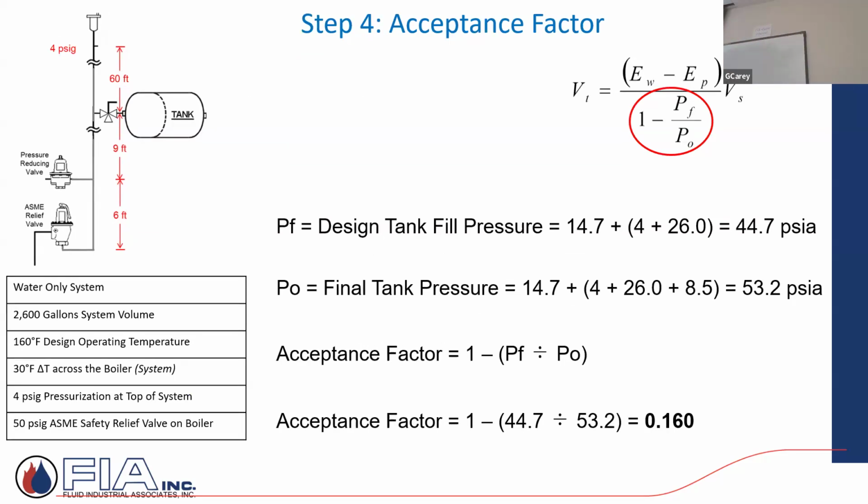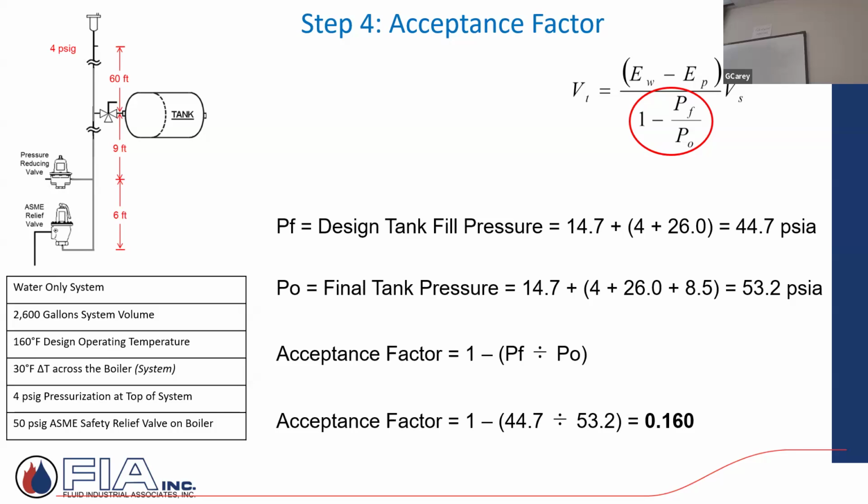Yeah. So then acceptance factor, we start to apply and we're saying, I got to establish what that acceptance factor is, and it's a function of fill pressure and then the final tank pressure. And so I apply these two numbers: my initial fill pressure, which is absolute, so I'm accounting for atmospheric pressure, plus the 26 and the positive 4 pounds.